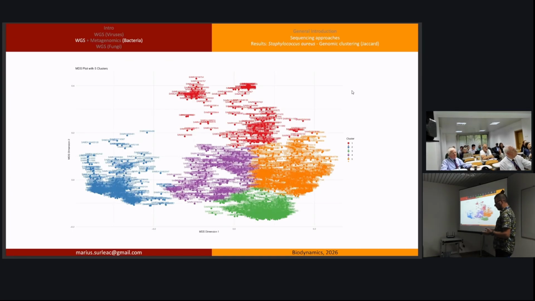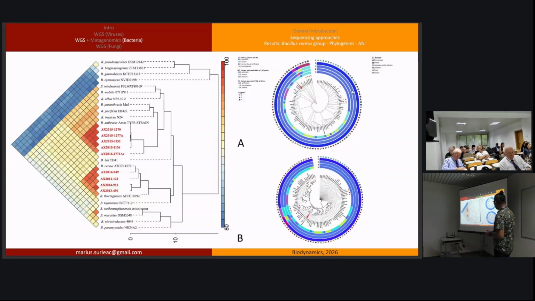It is also important to see how these genomes cluster together. In this case, we have approximately 2,000 Staphylococcus aureus genomes. Most of them are from humans, but some of them are from animals, and we want to see if some specific features are specific to animals in terms of antibiotic resistance, while some others are specific to humans.